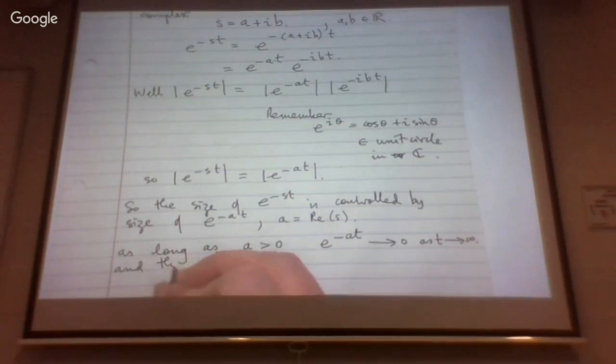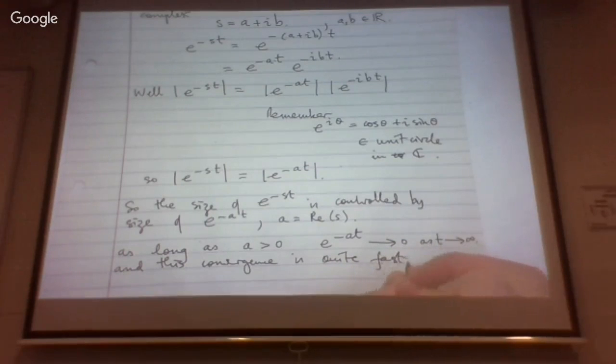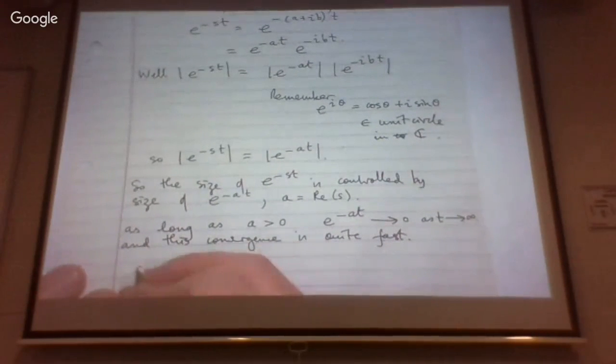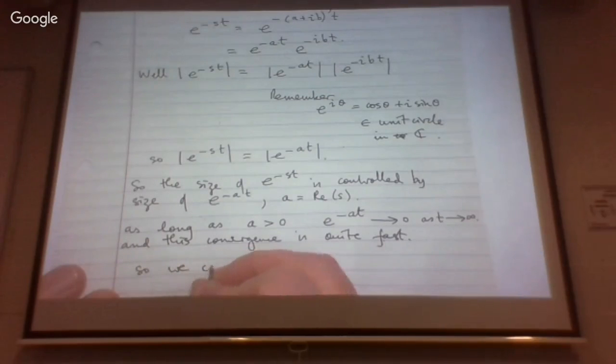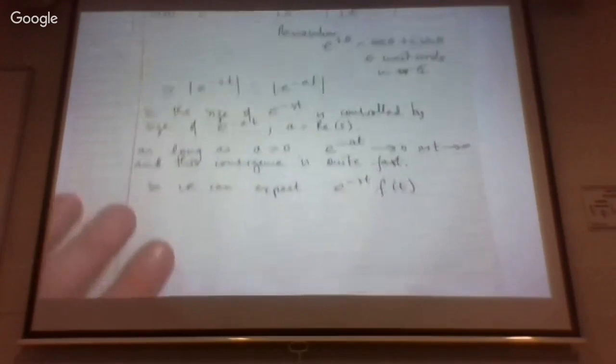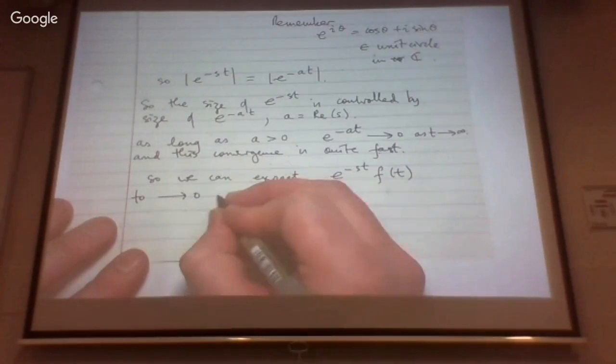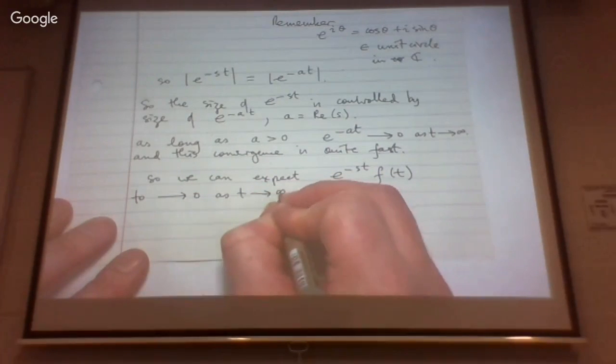And this convergence is quite fast. So we can expect e to the minus st times a function f of t to converge to 0 as t goes to infinity.